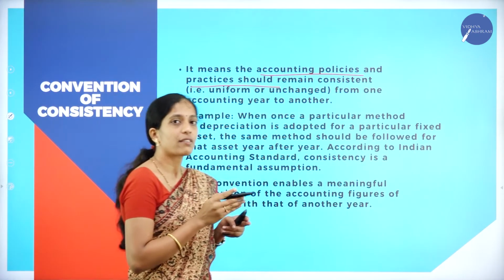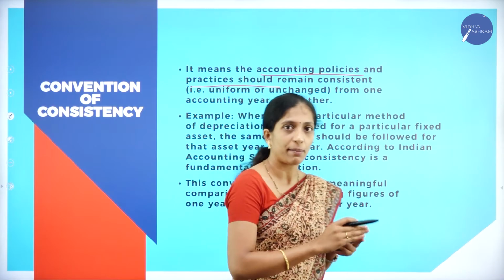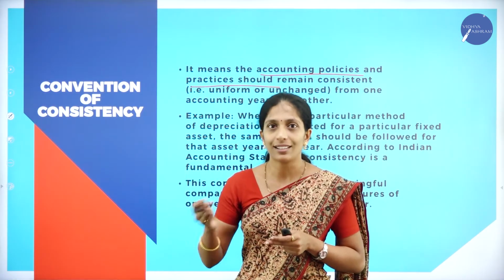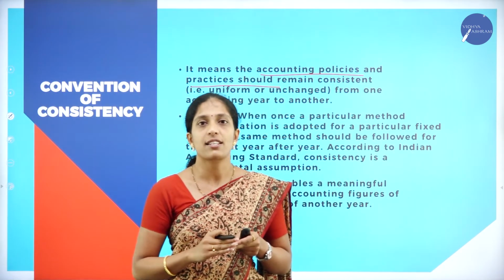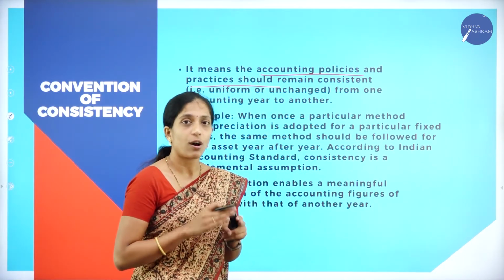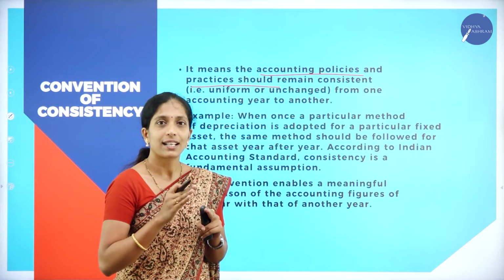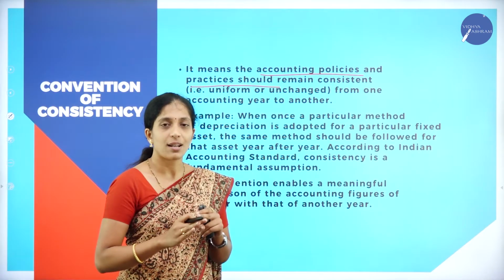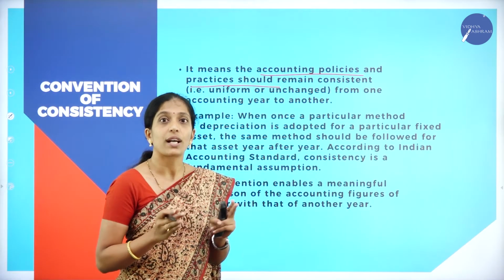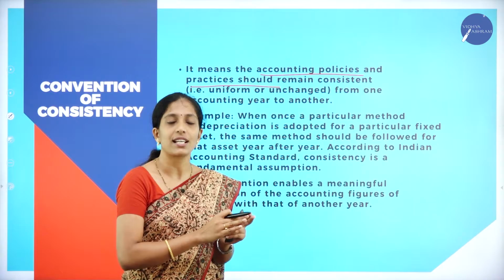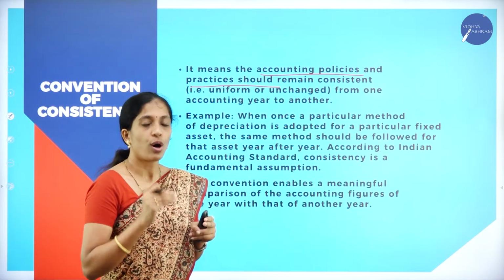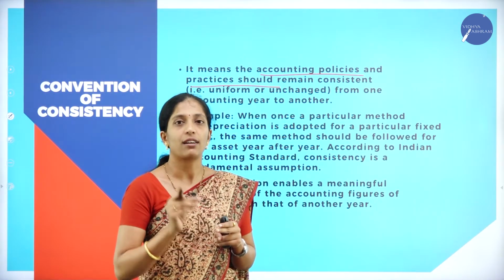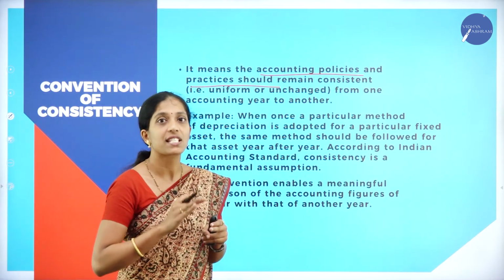For example, in 2019 we followed one method to calculate depreciation, and in 2020 we are following a different method to calculate depreciation. This means that we are not following consistency because we are changing the methods. If we change the methods, it will be quite difficult to compare the accounting results of one year with those of another year. So always make sure that whenever we record entries in the books of account, they are recorded using the same methods.